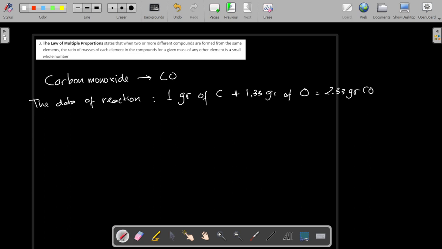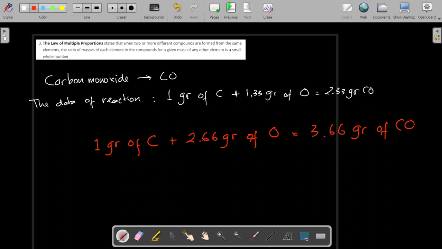And another time we have 1 gram of C plus 2.66 gram of O, then we can get 3.66 gram of CO2.